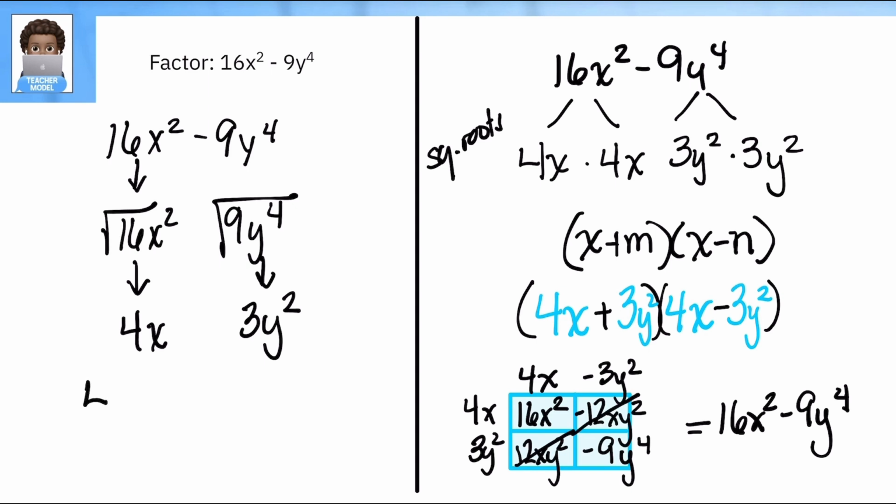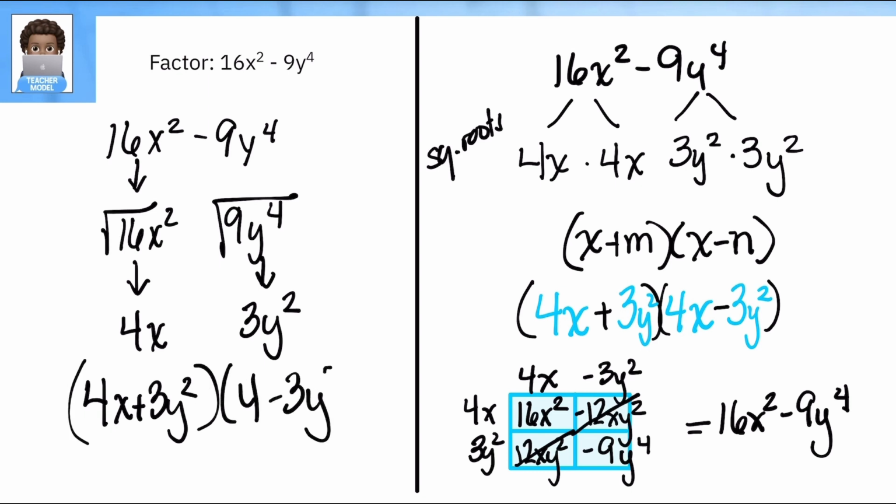And then we're just putting it into our format. And there you go. You get the exact same answer. So either way will work. You can either show all the factors, or you can just mentally find the square roots of both terms.